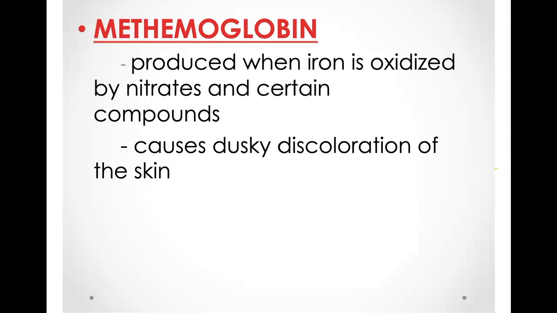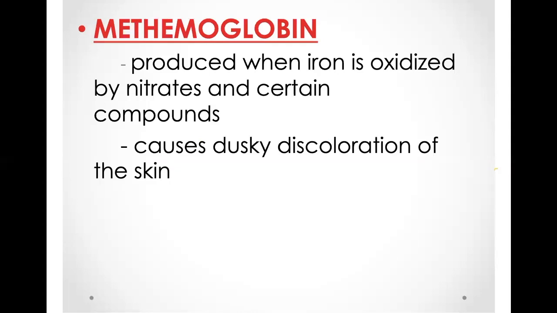Methemoglobin is formed whenever iron is oxidized by nitrates and other certain compounds. So oxidation of iron, okay? So methemoglobin is produced when iron is oxidized by nitrates.